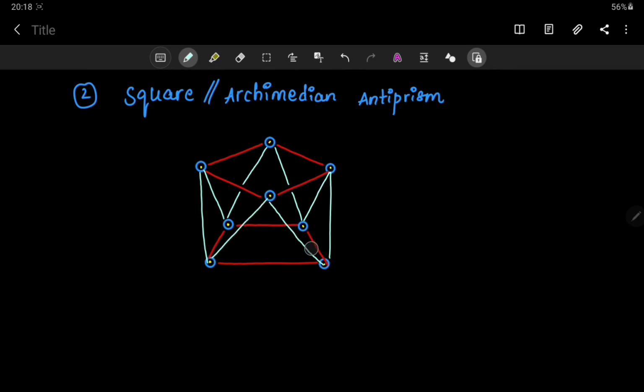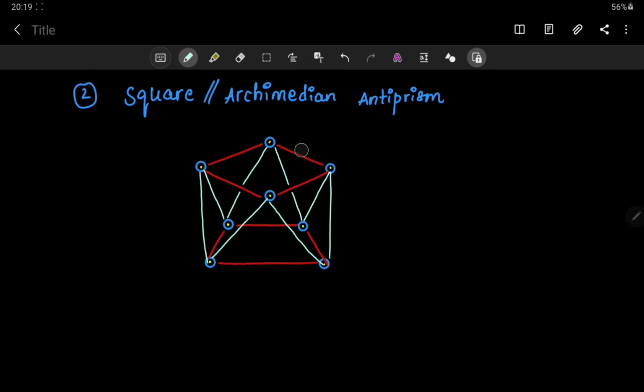Right, so this generates triangular face 1, 2, third triangular face, fourth triangular face, fifth triangular face, sixth, seventh, and 8. Altogether there are 8 triangular faces.